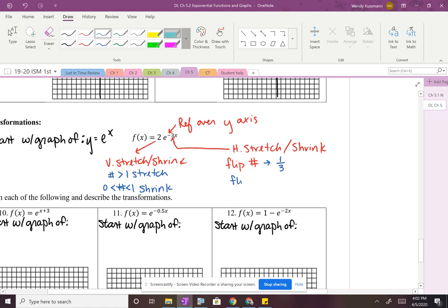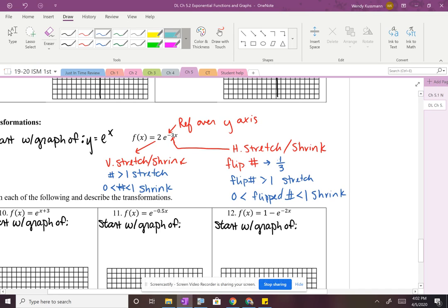If the flipped number is bigger than 1, that means it's a stretch. If the flipped number is in between 0 and 1, that means it's a shrink.